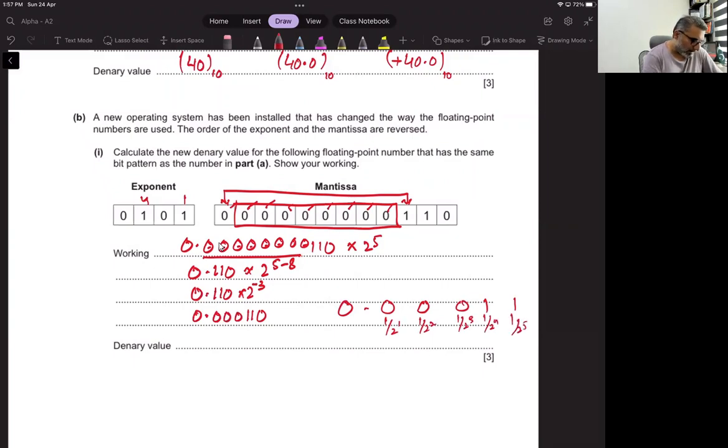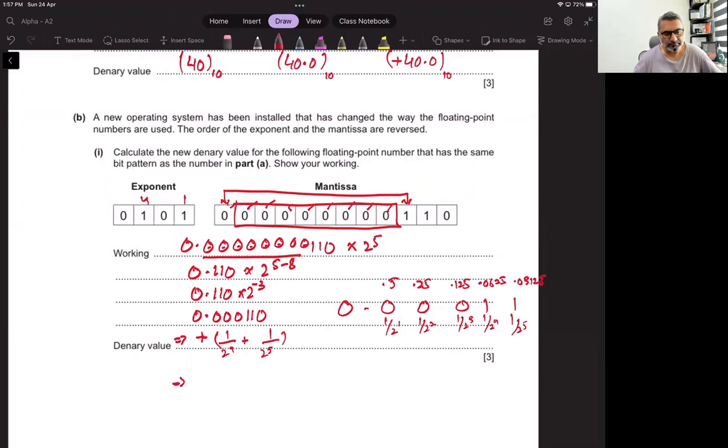So your answer might be plus 1 over 2 to the power 4 plus 1 over 2 to the power 5. Your answer can be in absolute terms: 0.5, 0.25, 0.125, 0.0625, 0.03125.